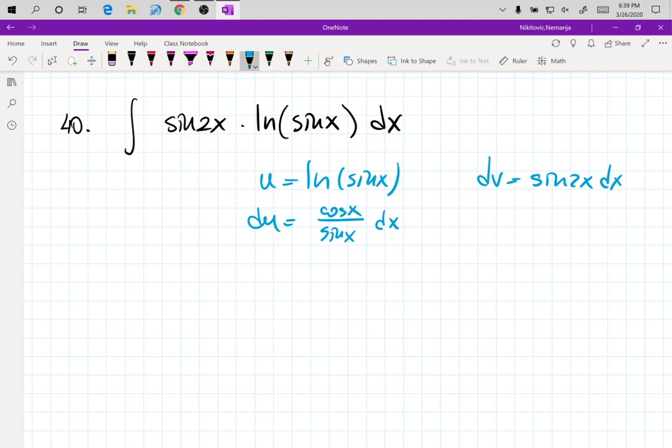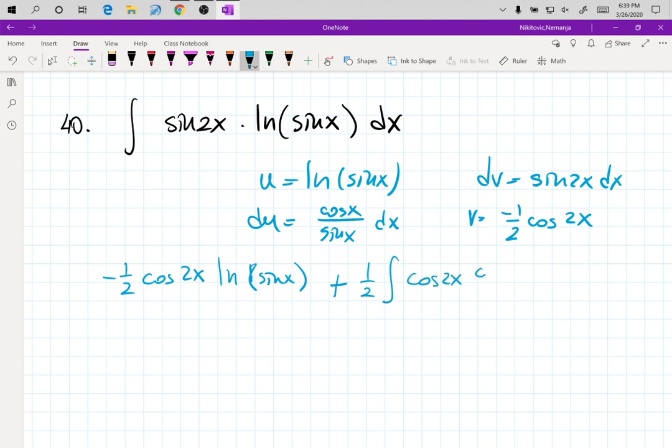Integral of sine is negative cosine, so negative 1/2 cosine 2x. So that would work out to be negative 1/2 cosine 2x times ln sine x minus, and minus is a plus, 1/2 integral cosine 2x times cosine x over sine x dx.